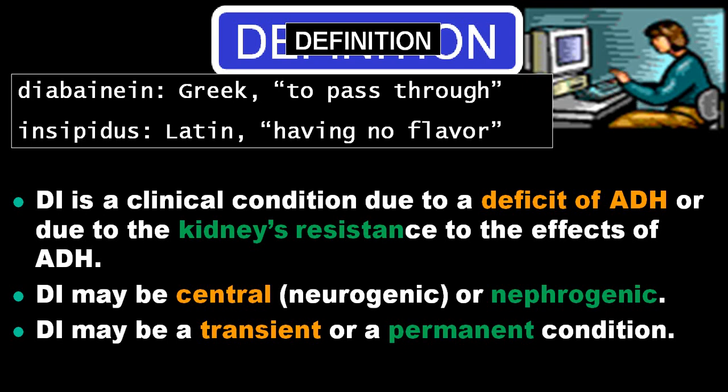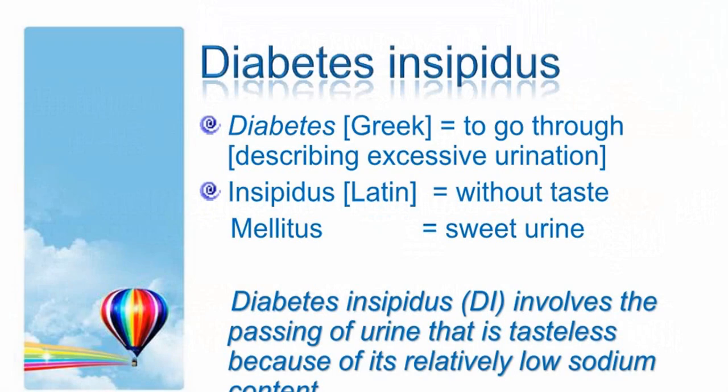So we divide it into two groups, central or neurogenic, and nephrogenic. It may be for a short period, which we call transient, or it may be permanent. These are the two common terminologies utilized: central or neurogenic variety and nephrogenic variety, and as far as the period is concerned, transient and permanent.